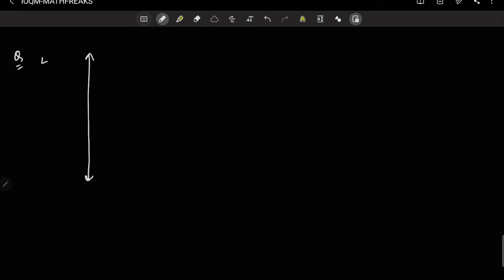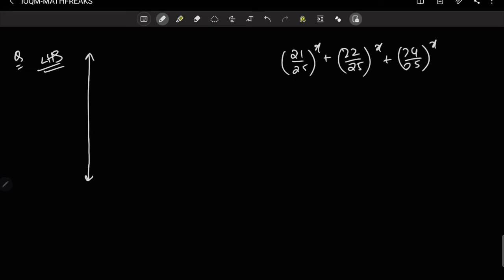So for the LHS I am drawing, okay, the LHS will be a decreasing graph, right? Let me write the equation. Plus 22 upon 25, okay, this is the equation. So this is LHS, this is RHS.